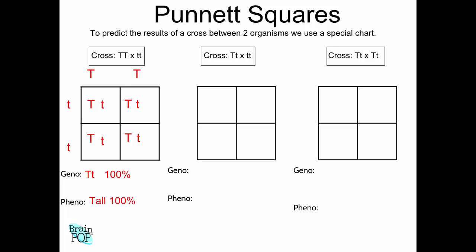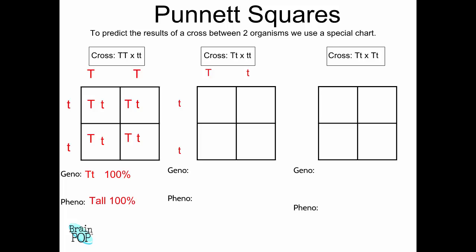What if we crossed a heterozygous father with a homozygous recessive mother? We'll take the genotypes from the parents and put them on the top and the sides. We have big T, little t on top, little t, little t on the side. We cross each one of those traits.